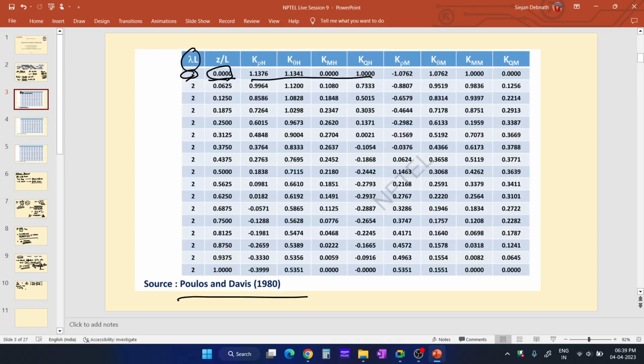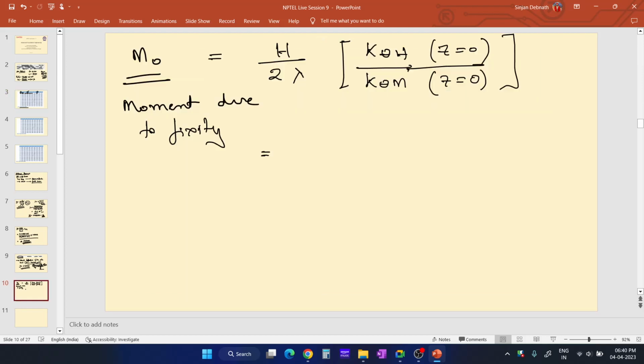Corresponding to 2 and z by l equal to 0, we need the value of k theta h and k theta m. So k theta h is around 1.1341 and k theta m is around 1.0762. We need to put these values into this equation.